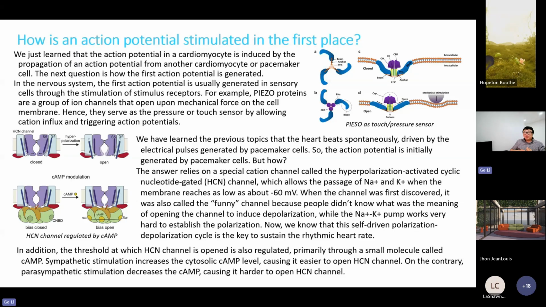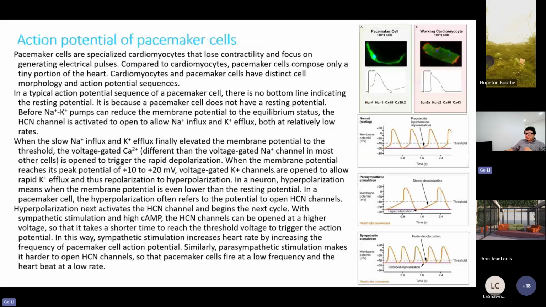We cannot survive if the pacemaker cells do not generate a signal, because if there's no such signal, the heart cannot beat. So, let me repeat one feature about the HCN channel: it's only open when the cell membrane potential reaches a certain negative level, going all the way down.